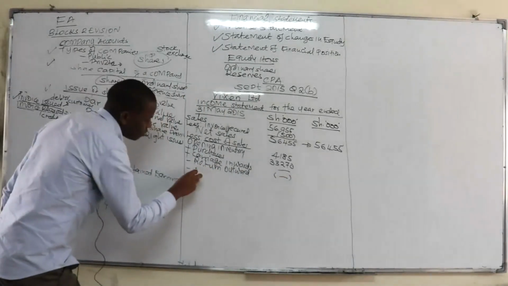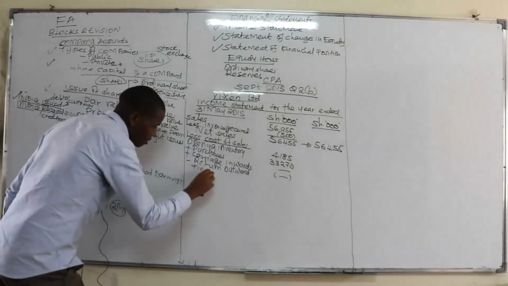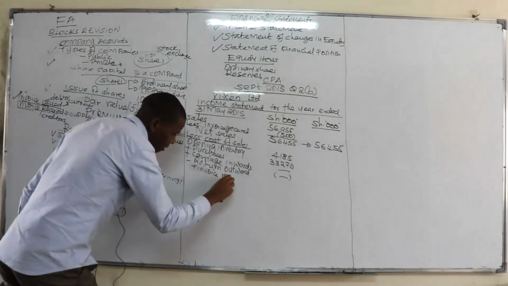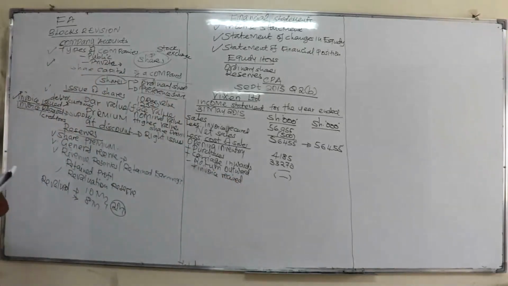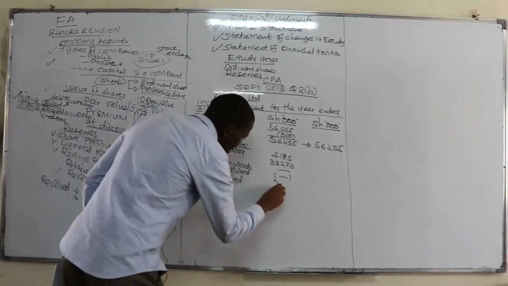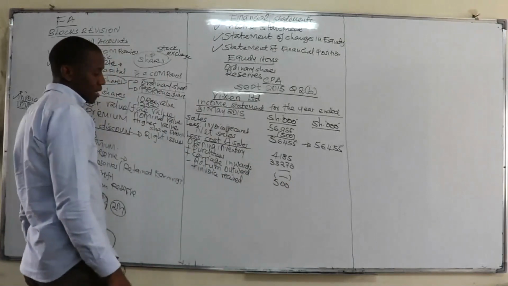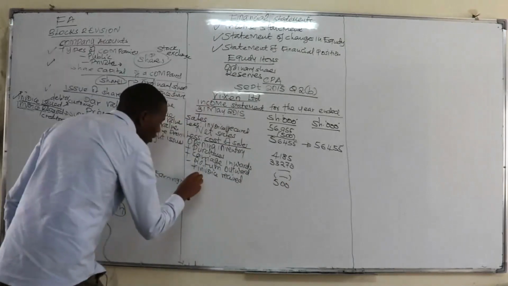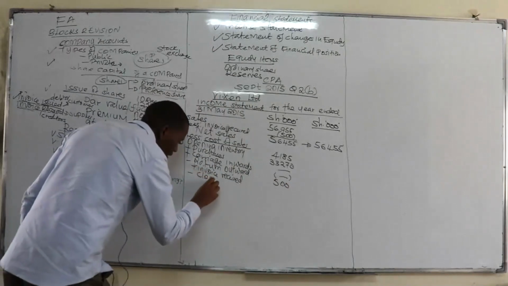Before that, you have now to add the invoice received. Remember, in this case, it was a credit purchase. It is not supposed to be a credit sale. So you add what is supposed to be 500, which in that case is supposed to be there. So after that, now you can deduct the closing inventory.